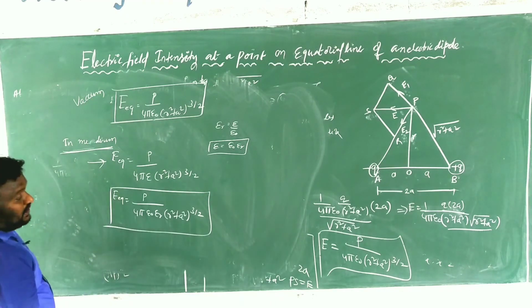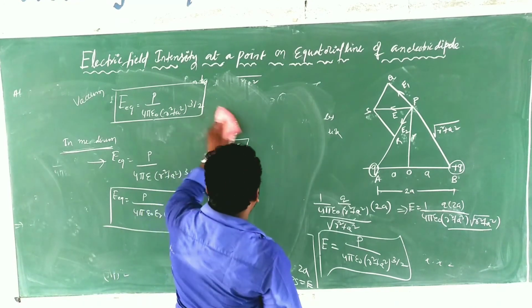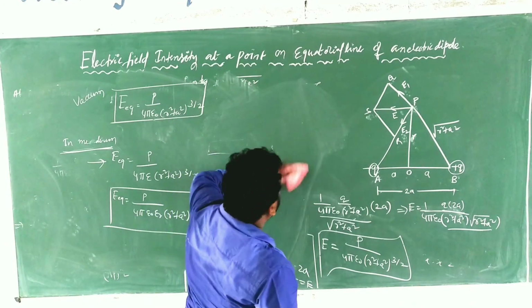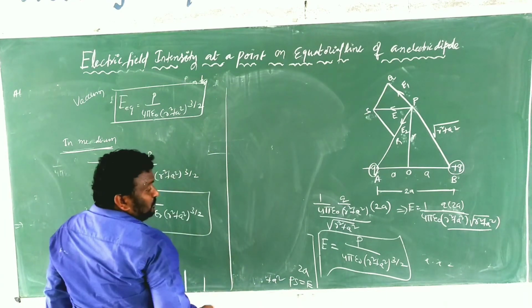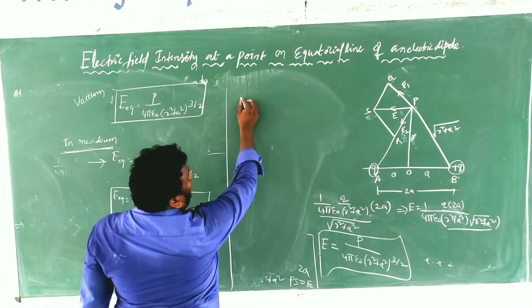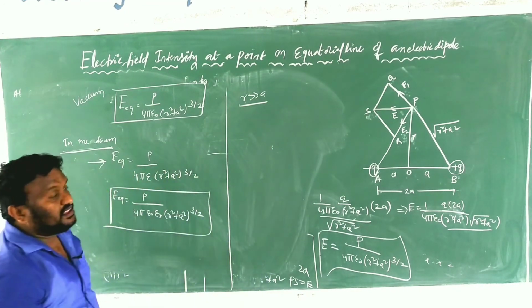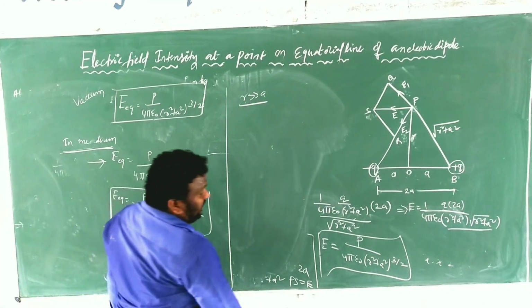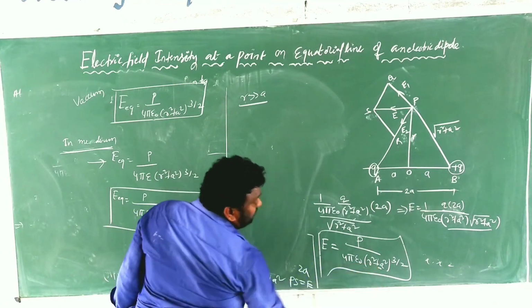Clear? And now children, in the IP examination, you have to mention this point: when r is much greater than a, then we can neglect the term a square.